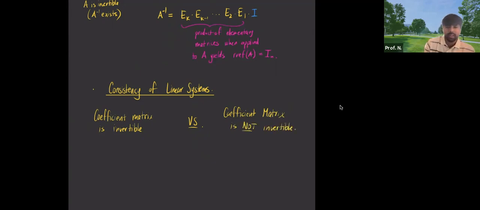So when the coefficient matrix is invertible, we have a relationship with the b values where there is no restriction or condition for the b sub i entries.